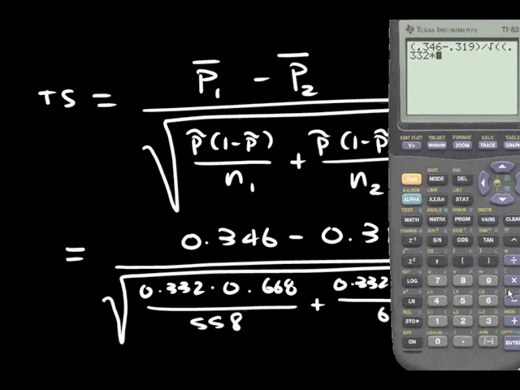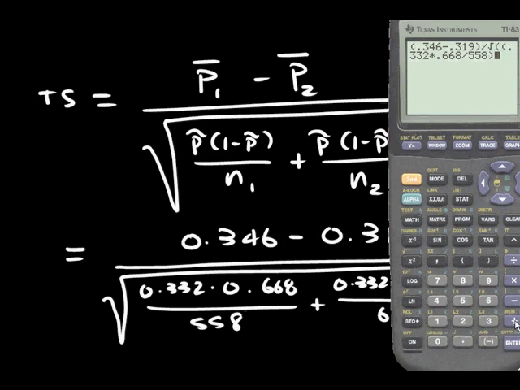Close the parentheses. I'm communicating to the calculator that I have a product and a quotient under the radical that I want to add to another product and quotient, so I'm going to have to enter another open parentheses. So we have nested parentheses here.